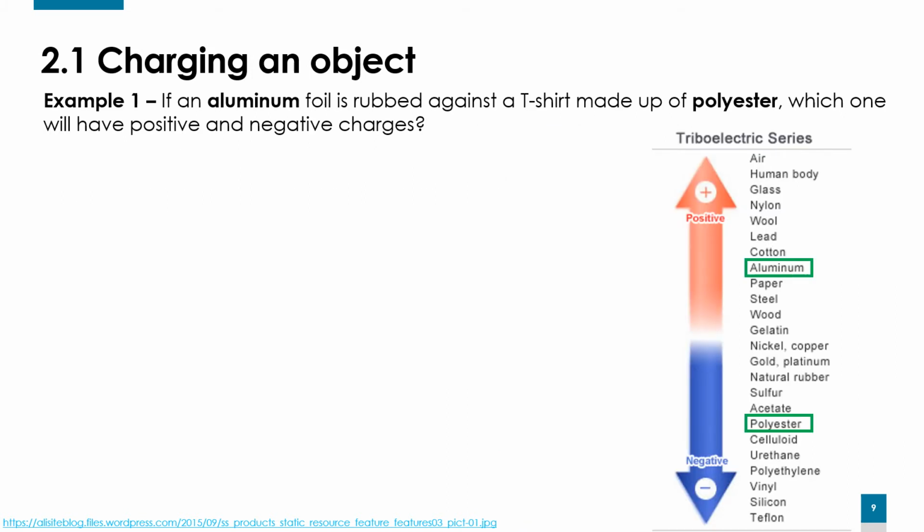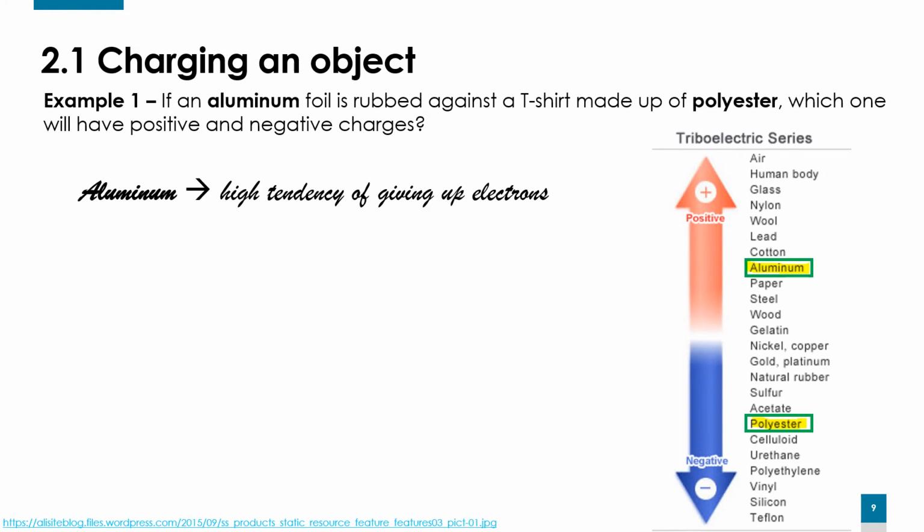Okay, so to practice, let's do an example. If an aluminum foil is rubbed against a t-shirt made of polyester, which one will have positive and which one will have negative charge? According to this chart, I have the aluminum here and the other material is polyester. If I rub them against each other, what do you predict? Compared with polyester, does aluminum give up electrons or receive electrons?